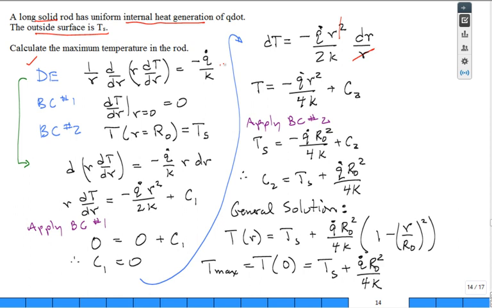Yeah, it's k times the Laplacian of the temperature, 1D, cylindrical. So they put the minus q dot divided by k over on the other side. You're ready to separate and integrate. Look at the boundary conditions. Does this boundary condition make sense? It's symmetrical at r equal to 0. And is this one? Well, that's our specified temperature.